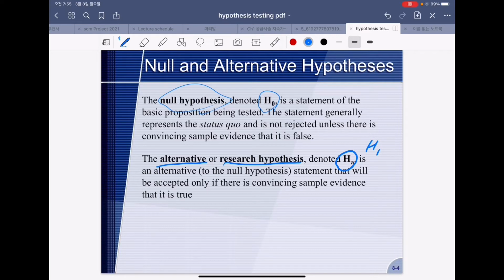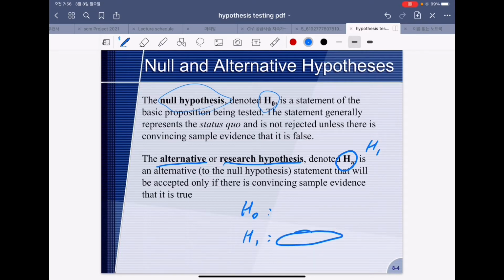For example, if you want to show that there is a positive relationship between A and B, that's the hypothesis that you specify in your paper. That's your alternative hypothesis. So this is the one that you want to support.